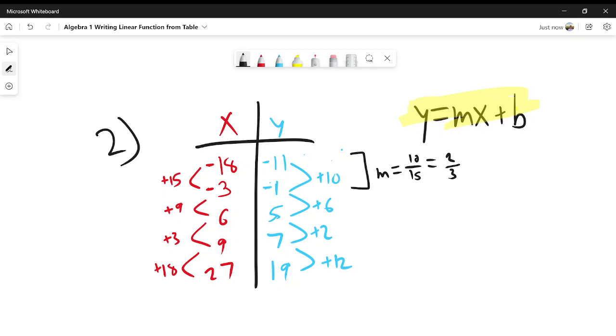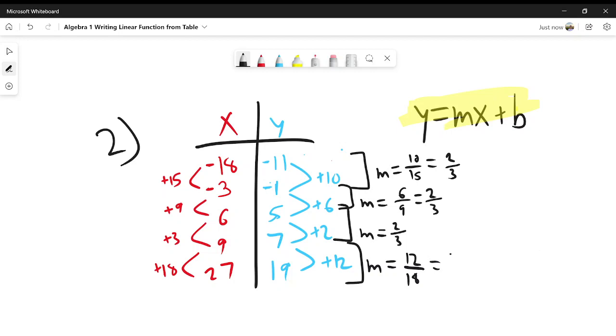And then for these points over here, it's going to be 6 over 9, which is equal to 2 over 3. And then for these points, change in y over change in x is going to be 2 over 3. And for the fourth and the fifth point, change in y over change in x is going to be 12 over 18, which is also equal to 2 over 3.